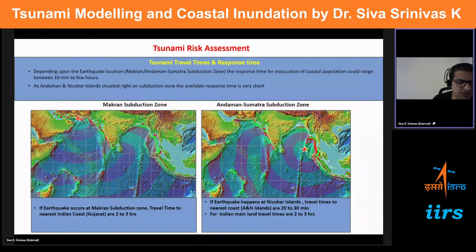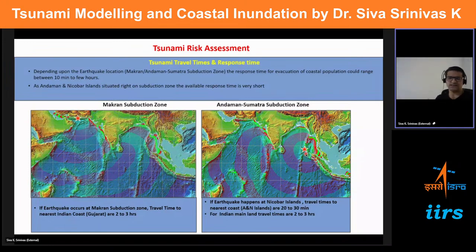It takes around 2 to 3 hours for a tsunami wave from the Makran subduction zone to reach the west coast. And if there is an earthquake in the Sumatra subduction zone, it takes around 2 to 3 hours to reach the east coast of India, and around 20 minutes to half an hour to reach the Andaman coast.